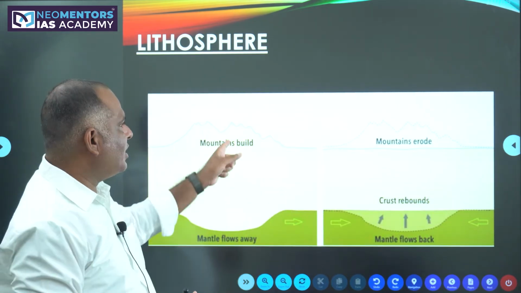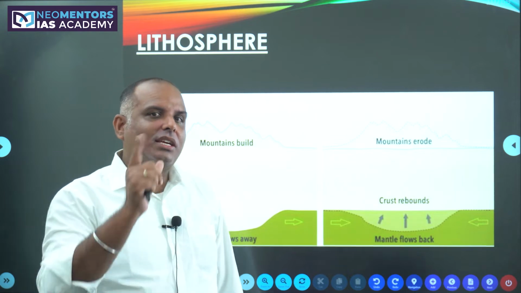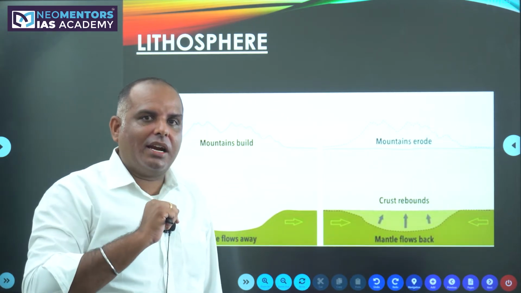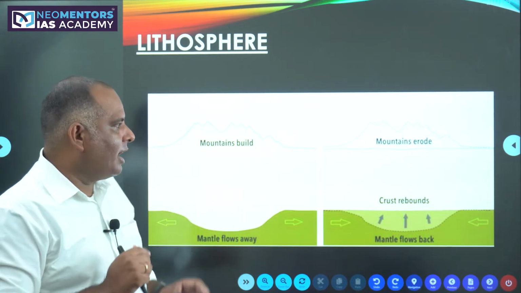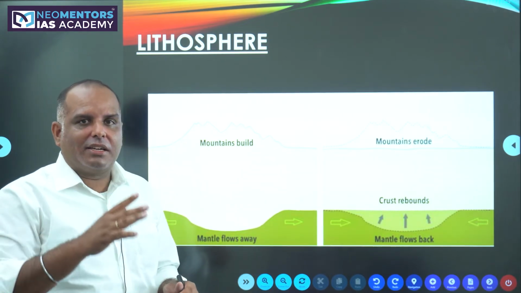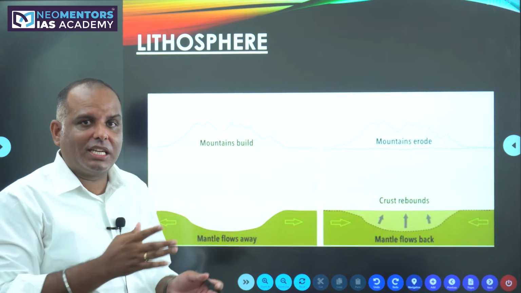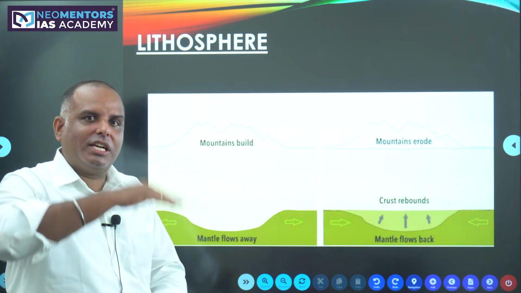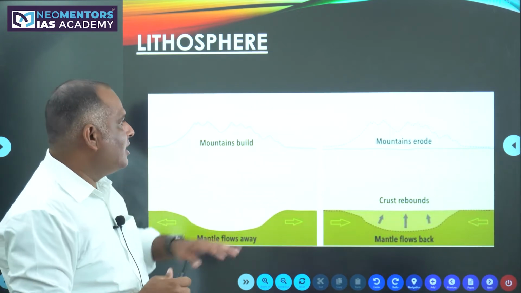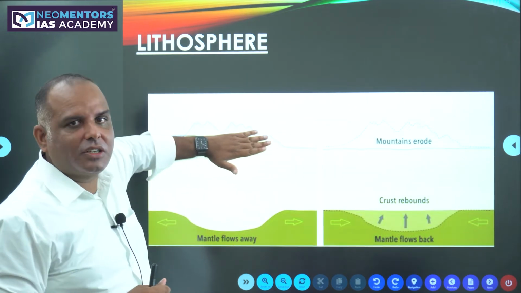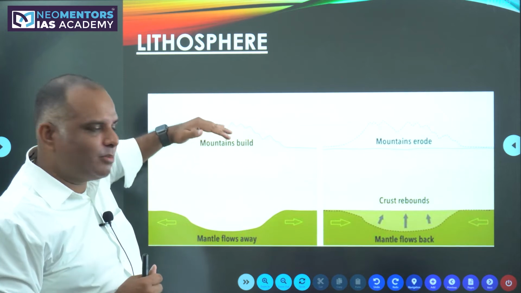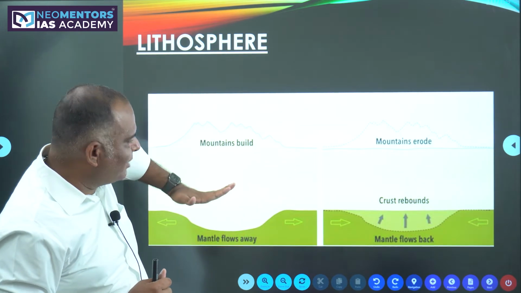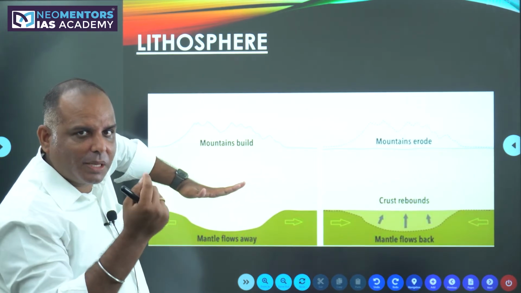Similarly, here we talked about mountains. Now there is another phenomenon. In places like Canada, in Scandinavian countries, with the greenhouse effect, the ice caps are melting, the glaciers are melting, the thick sheets of ice started melting. Imagine, instead of a mountain, thick sheets of ice. When these thick sheets of ice were present, the weight was more, and the land mass had a little bit of subsidence.